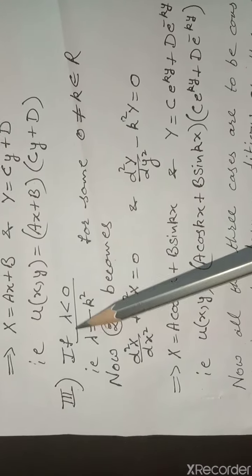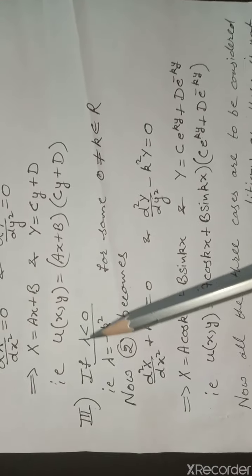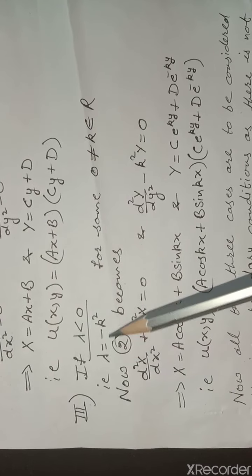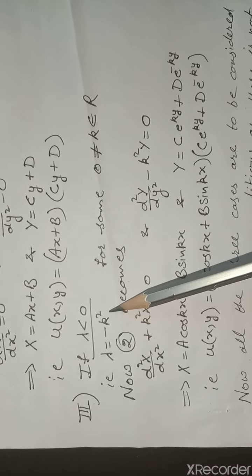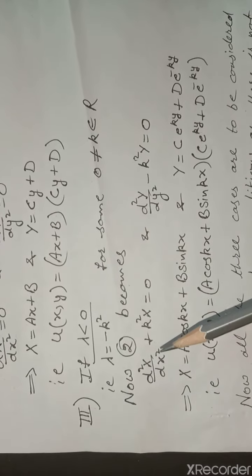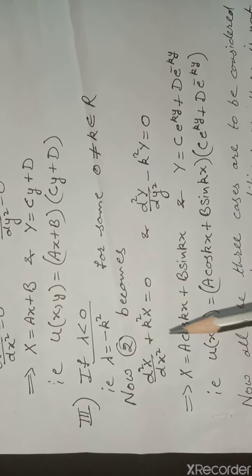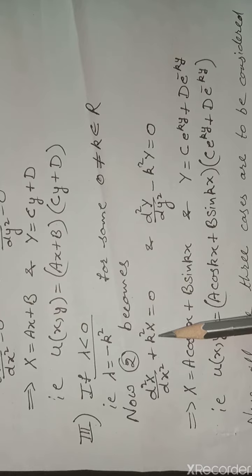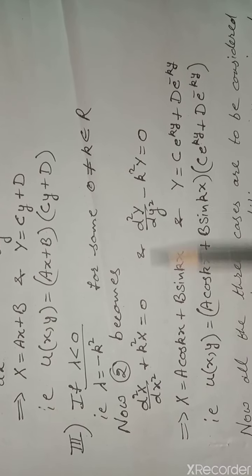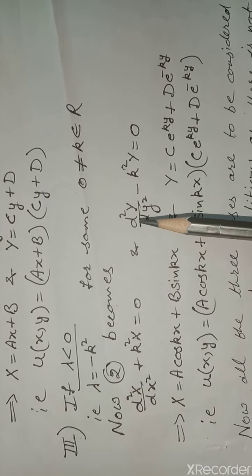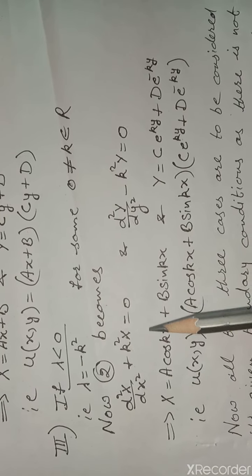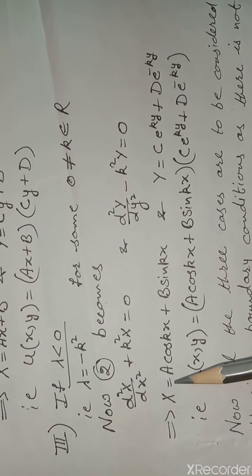Okay. Now the third case is lambda is less than 0. It means lambda can be expressed as negative of the square of some non-zero real number, minus k square. So in this particular case, the two differential equations reduce to these two, and again both are ordinary differential equations with constant coefficients, and they are linear also.